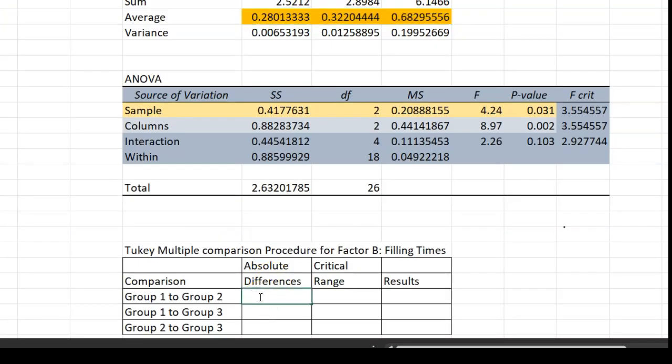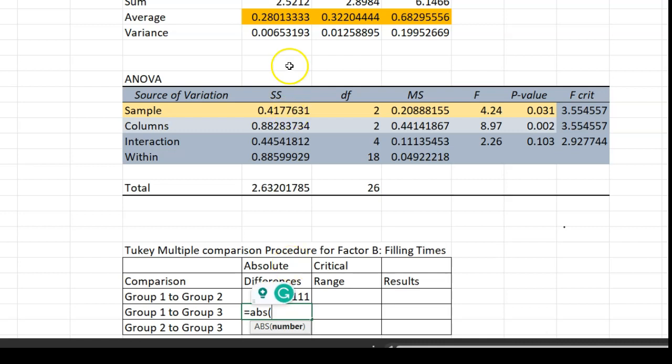I'm going to do an equal sign here, equals ABS, that's absolute value in Excel, open the parentheses, and select the first group minus the second group, enter, and that's the value. For the second one, I'm going to do exactly the same thing, absolute value.